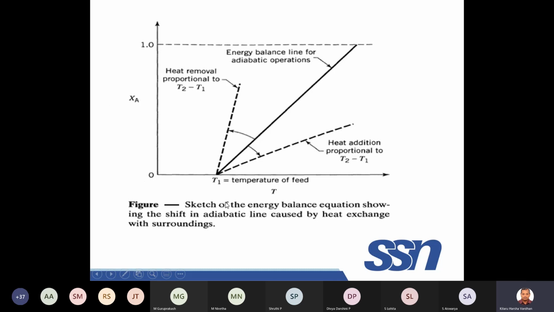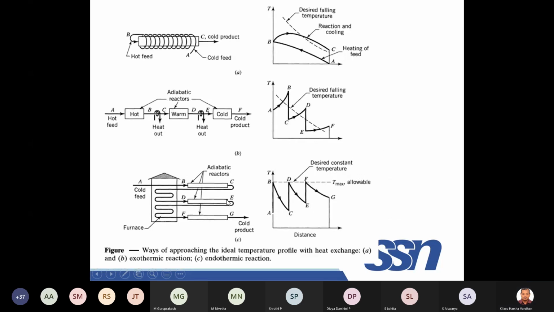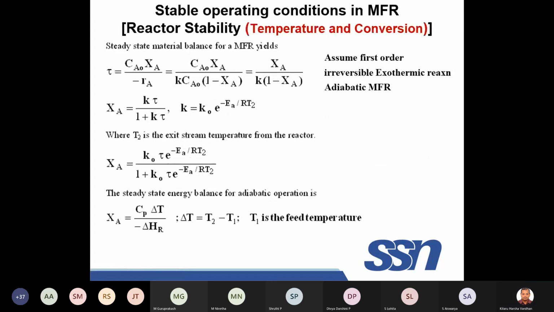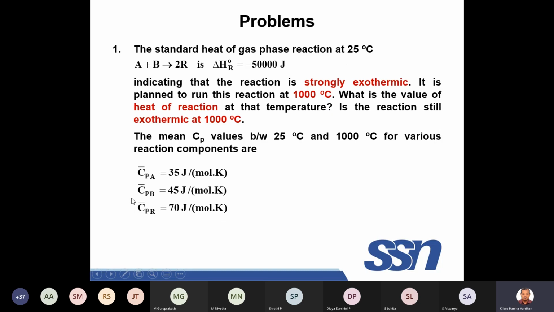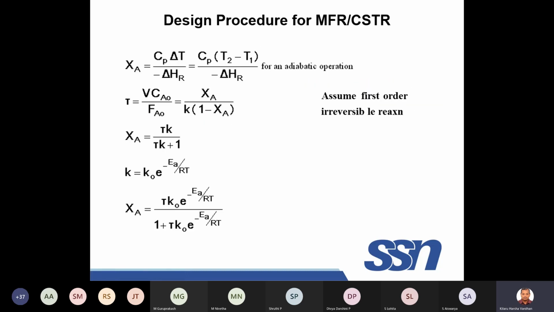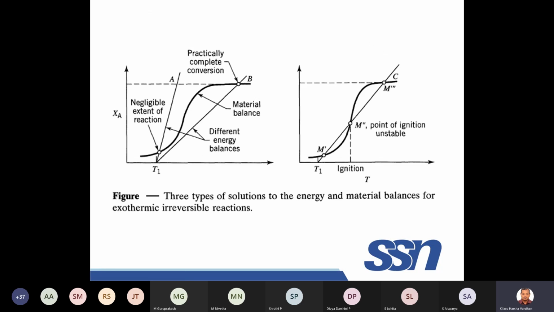So this you will write like this: XA is T. XA is 1 plus beta T. XA versus T, yeah, this is how. XA is T into K naught. By using these equations, we can calculate the slope, right? That we'll see a bit later when we go to the adiabatic processes.